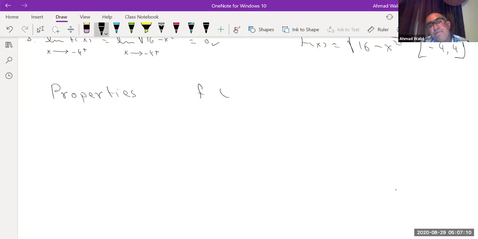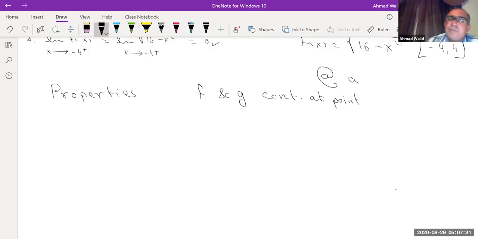If you have two functions, f and g, and both of them are continuous at a point A, the same point, then you can write these properties.